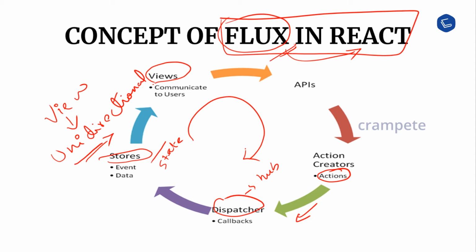The view will receive the data from the store and re-render it to the app. So this is easier to maintain and the flow is easy to understand. The concept.